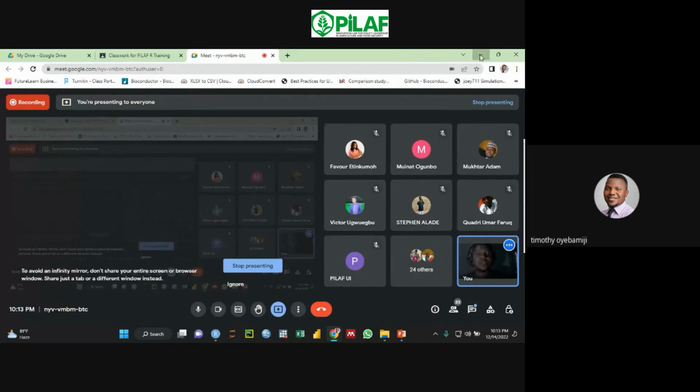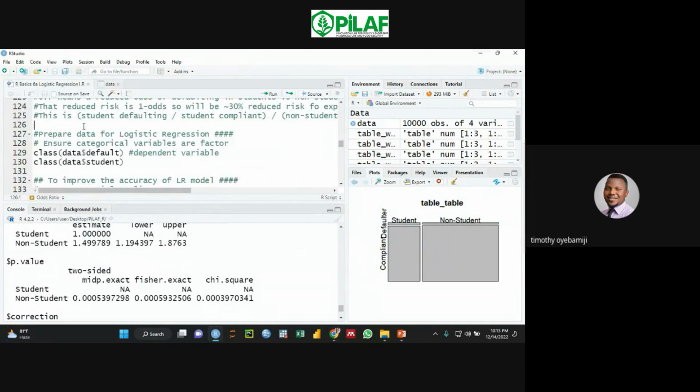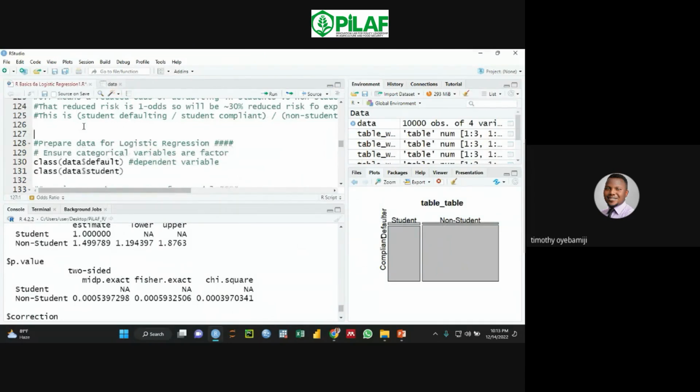All right. If there are no more questions, let's continue with logistic regression. So far, before we go into any tests, we prepare our data and check assumptions. Sometimes after developing the model, we check again for assumptions to know how well we can trust those models. For logistic regression, you have to make sure that all your categorical data are factors, that they have the factor class.